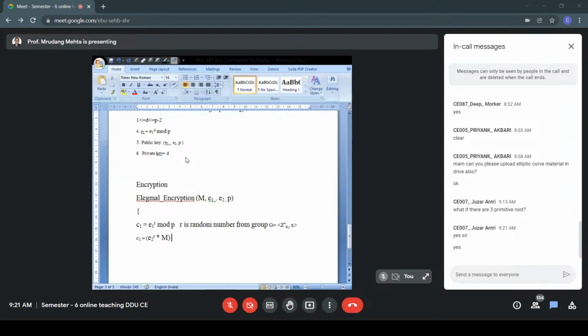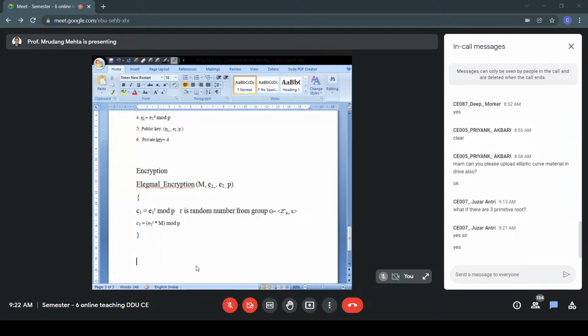So how to implement this? The implementation of this key generation and encryption algorithm requires a raised to x mod m. That algorithm, the square and multiply algorithm, was discussed during the earlier lab.